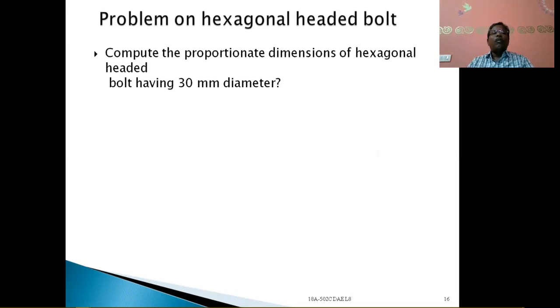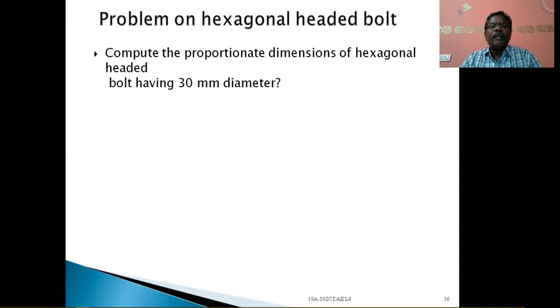So here is the problem. Compute the proportionate dimensions of hexagonal headed bolts. Here we can see hexagonal headed bolts having 30 diameter. And what does this diameter mean? Here he has not mentioned whether it is the core diameter or the nominal diameter, but we simply think that it is the nominal diameter.